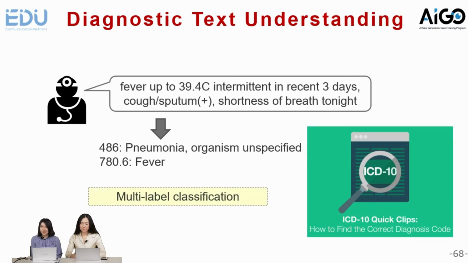And this is called a multi-label classification problem, because usually classification is based on the sentence or passage, you make the final classification and you assign a single label. But this task is a multi-label problem, because you need to consider multiple potential codes for this scenario.